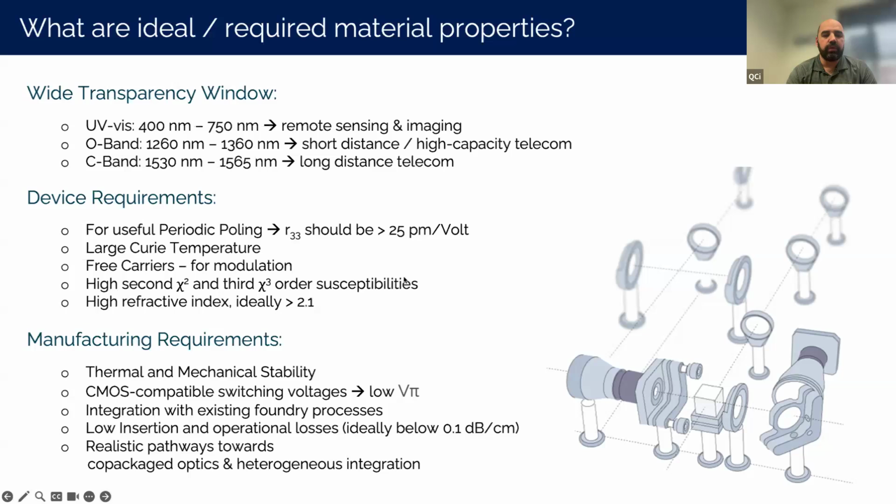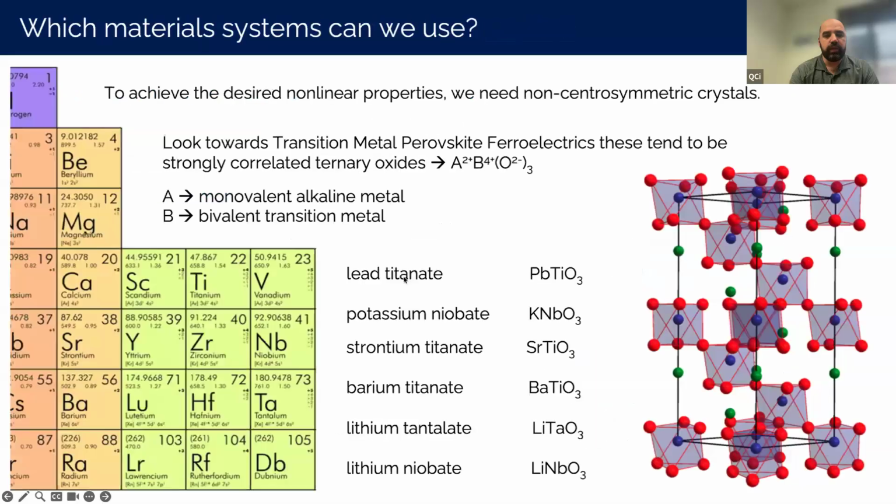But ultimately, you have to manufacture that device, and the number of dies we're talking about is millions and tens of millions. So we need something that's thermally and mechanically stable. It has to be compatible with CMOS, because CMOS is not going to go away, and it has to be compatible with existing foundry flows.